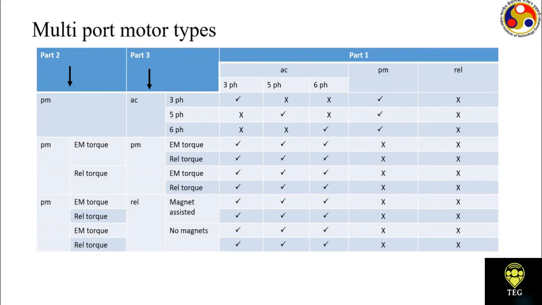For that we need to understand some of the basic properties of the machines, and then you can make a good choice. Say I have this kind of vehicle type, maybe a car, and this is the torque versus speed curve that I need, and also the power versus speed curve. This is the volume constraint I have, this is the cost constraint that I would have.